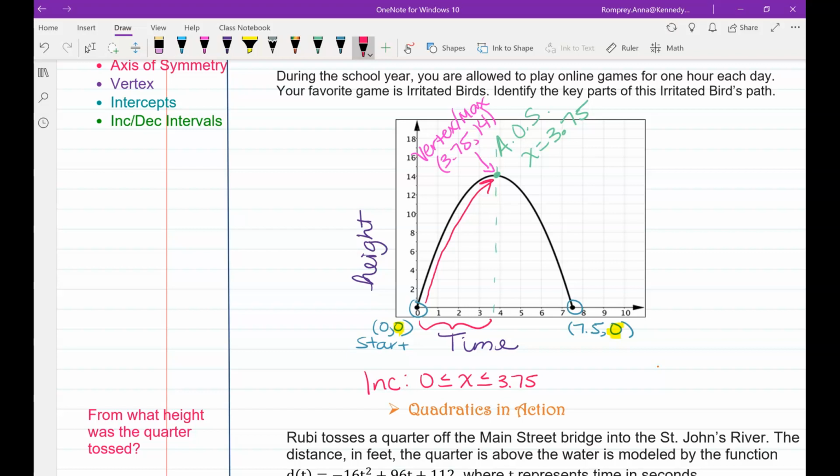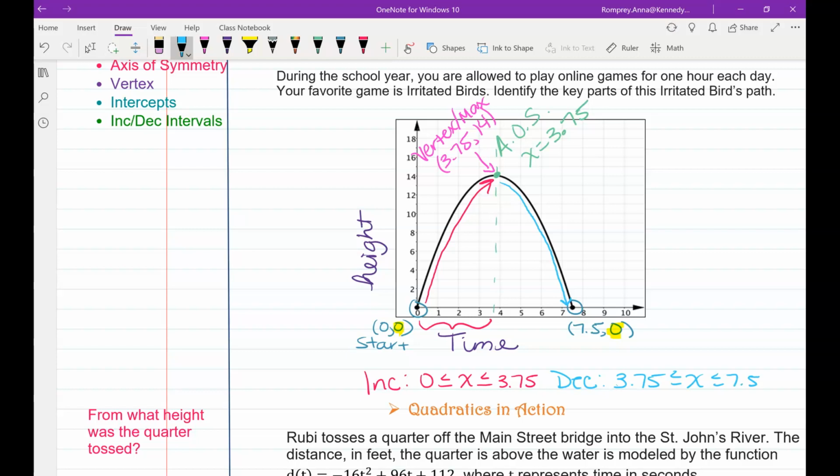And then we are decreasing from that 3.75 until we land at 7.5. No, not 0. We said 3.75 to 7.5.